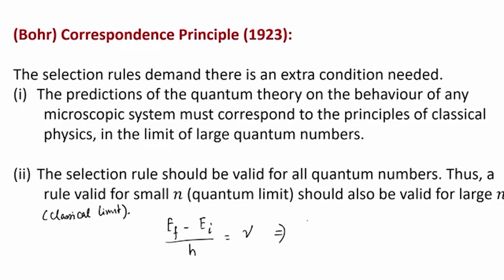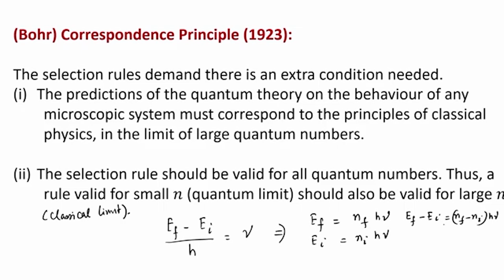Say EF is equal to NF h nu and EI is equal to NI h nu, where I and F are the initial and the final state. So, EF minus EI is equal to NF minus NI times h nu.